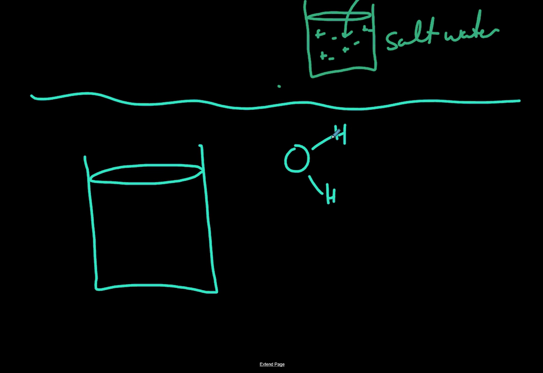In fact, really what happens is deciding whether or not a bond is ionic, so if I have NaCl, or covalent, really depends on the difference between the electron affinities of the two atoms involved. So we could say then, in something like NaCl, sodium has a very low affinity for electrons.